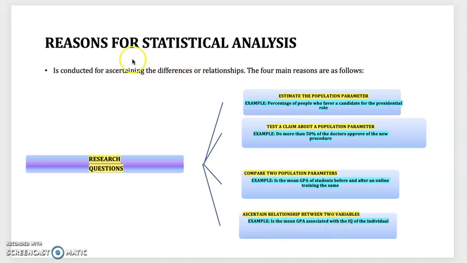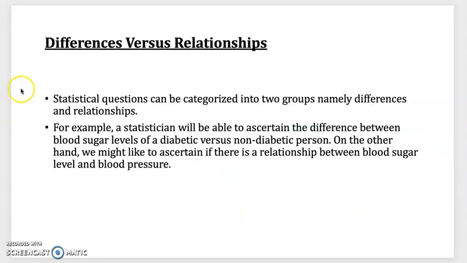Those are all reasons for statistical analysis. We have some research question we want to answer. We have the population, we want to get the sample data, but what kind of data is the sample data?